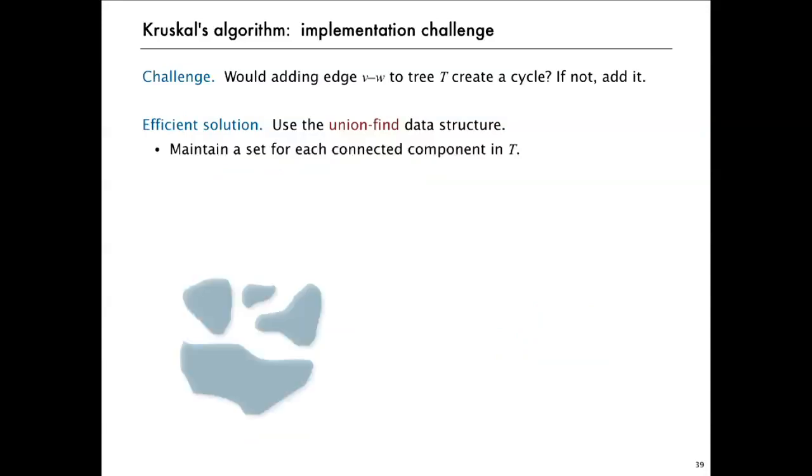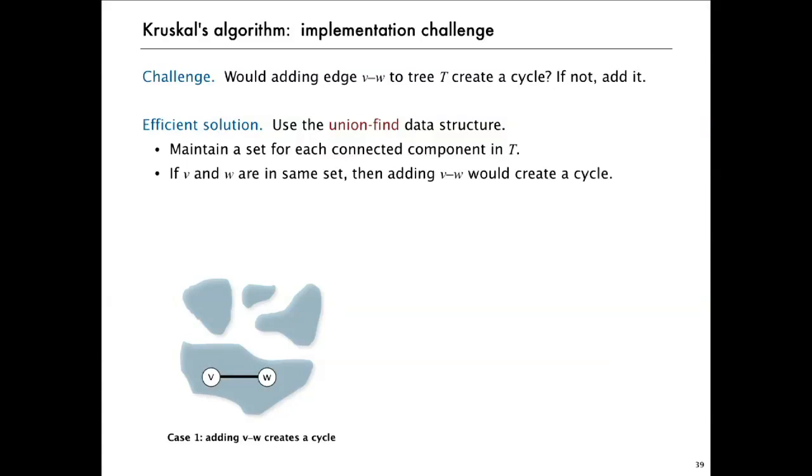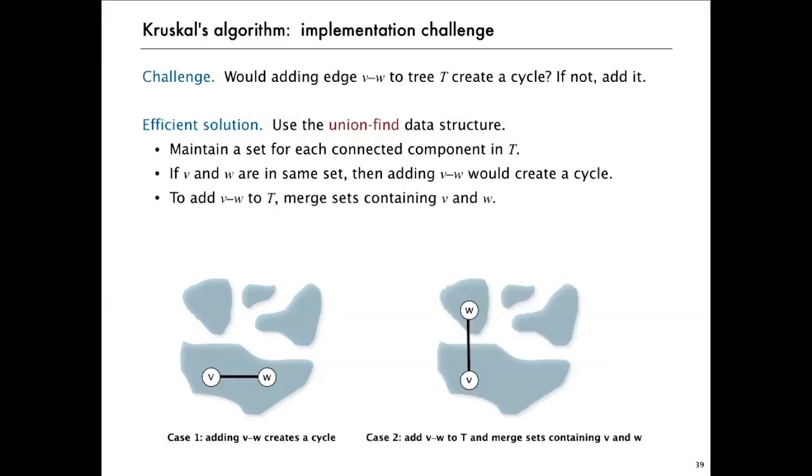So what we're gonna do is maintain a set for each of the connected components in the spanning tree that we've built up so far. If the new edge connects vertices that are in the same set, then that means it would create a cycle.